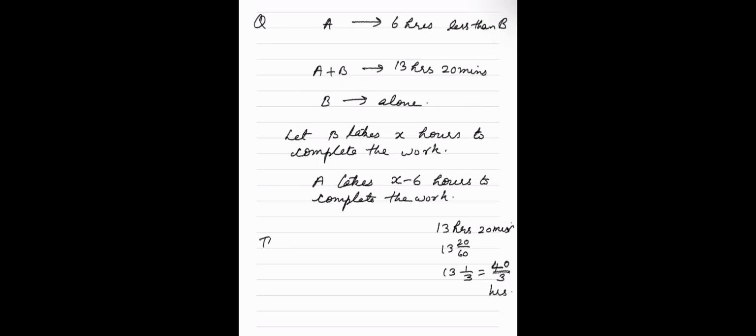In the work completed by B in 1 hour, what would that be? In 1 hour, how much work would B complete? Is it not 1 by x? You have certain work, assuming 1 is the complete work.